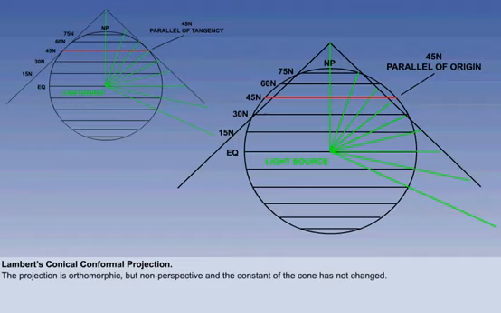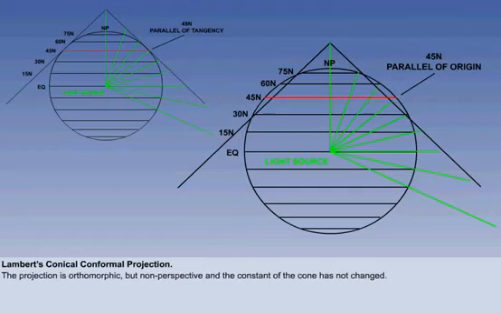Finally, notice that the constant of the cone has not changed. You can either think of the lower cone as being a smaller version of the upper one, or even as pushing an ice cream cone even further down onto the ice cream. The cone occupies a different position, but the angle at the top is still the same.